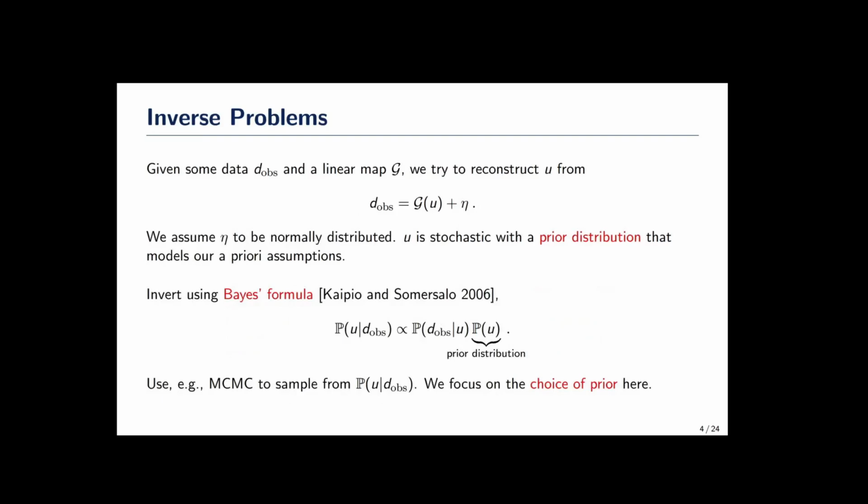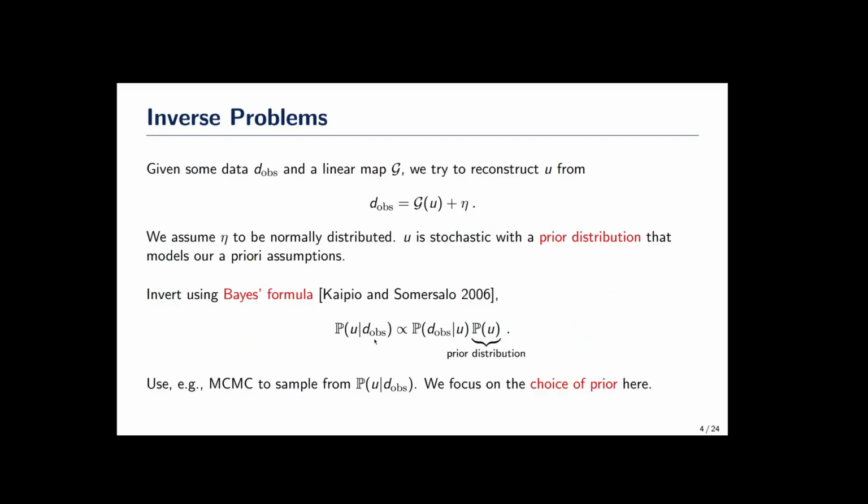So what you do is you use Bayes' formula, you make use of the prior distribution as well as the likelihood, which comes from the noise that you added, or is determined by that noise term and its distribution. Together they give you a sense of what the posterior distribution of your unknown quantity looks like.